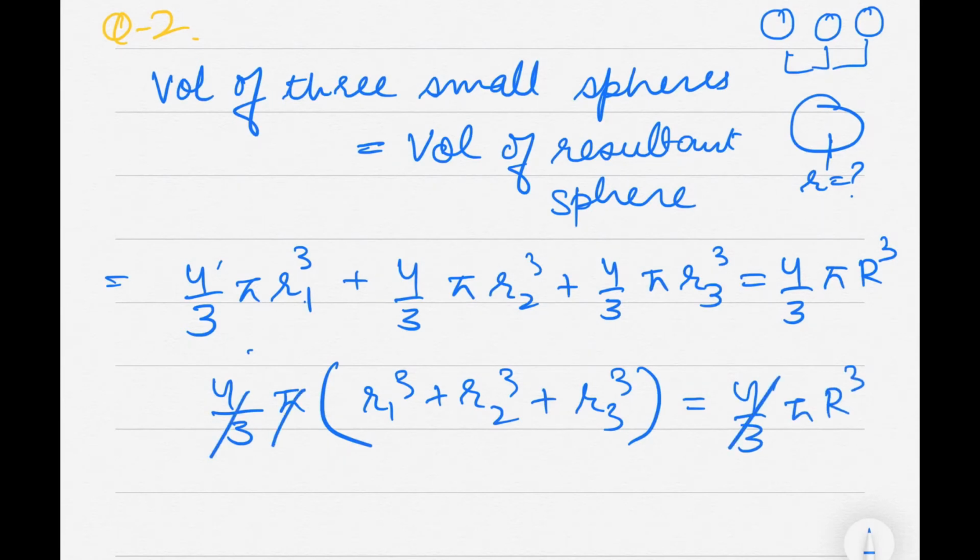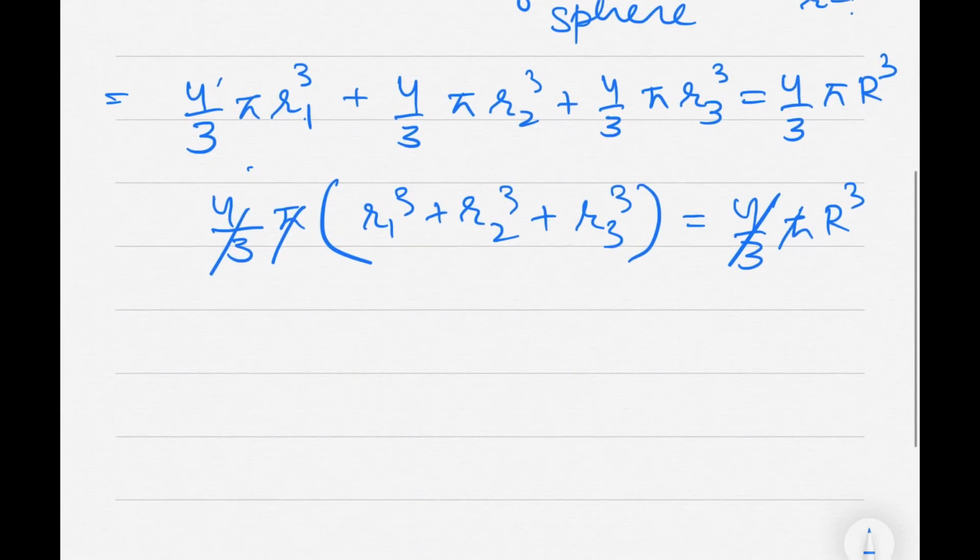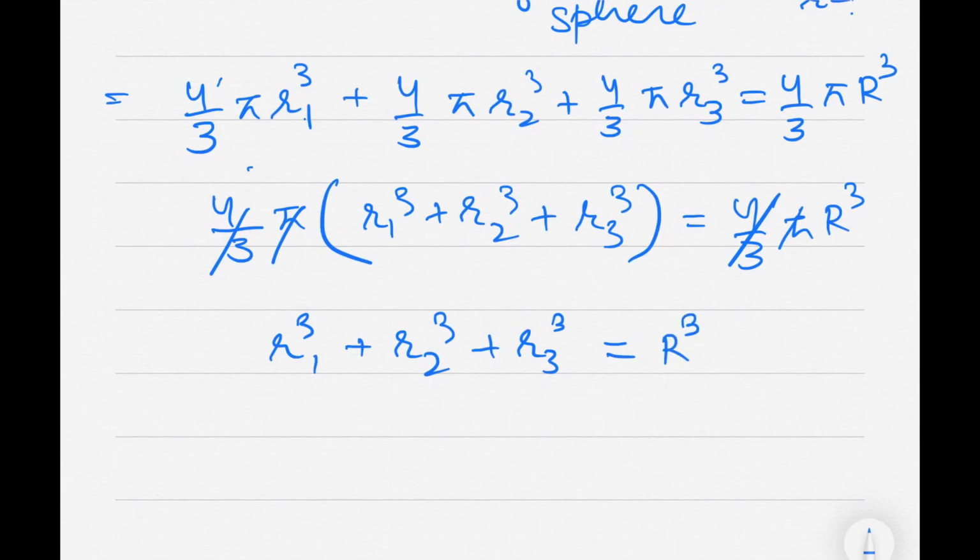So this 4 by 3 and pi will get cancelled. So basically my answer will be r1 cube plus r2 cube plus r3 cube is equal to R cube, right? So now what should I do?